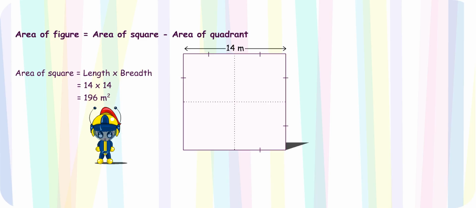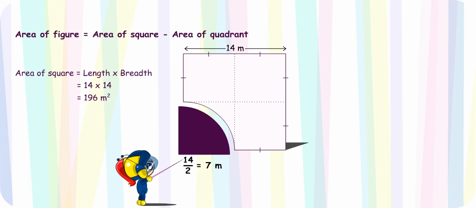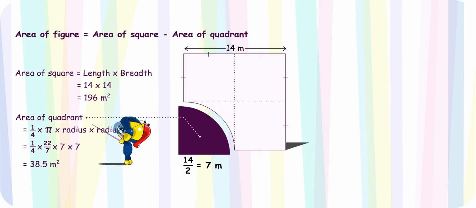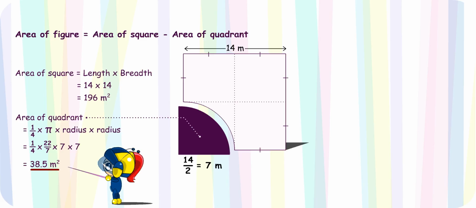To calculate the area of the quadrant, I need to know its radius. Its radius is half of the length of the square. Thus, it is 14 over 2, which equals 7 meters. Area of quadrant equals 1/4 times pi times radius, which equals 1/4 times 22 over 7 times 7 times 7, which equals 38.5 square meters.